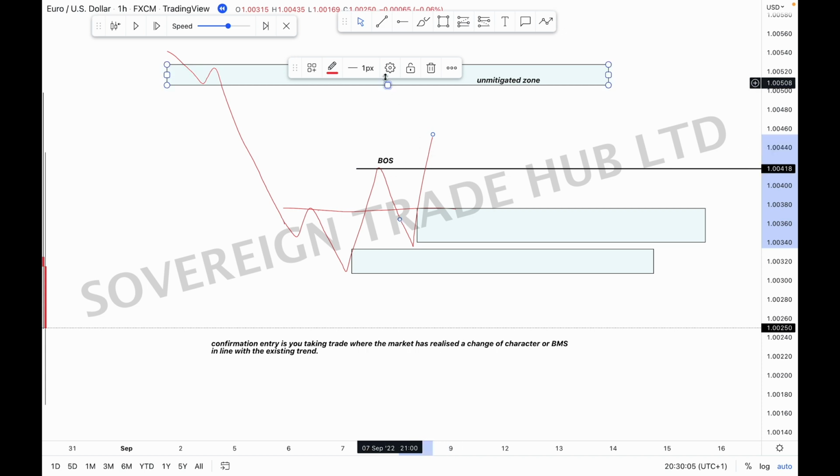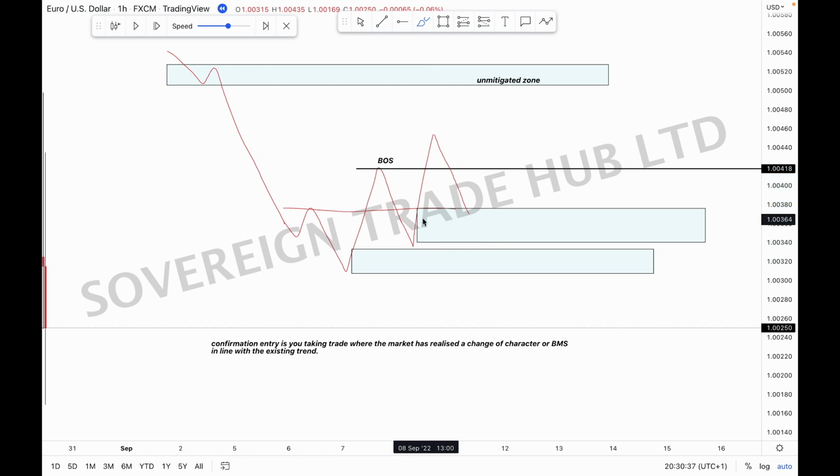It's a continuation. So what do we have to do? We have to look at the market and wait for the market to retrace into this zone. While you are waiting for the market to retrace into this zone, you don't need to wait maybe for a change of character. You just input a buy limit, a pending order here, that the moment the market steps into this zone that broke this structure, this is the very zone that sponsored the break.